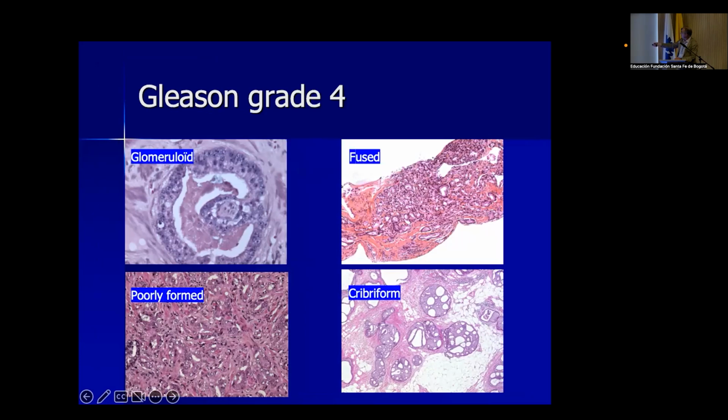Here is the fused pattern of grade 4, where the small glands get close to one another and start to fuse. Another aspect of grade 4 is the poorly formed glands, where you hardly recognize normal or pathologic glands. And the last one, the most important one, is the cribriform, where you don't have any gland architecture, but a mass of tumor with holes in it.